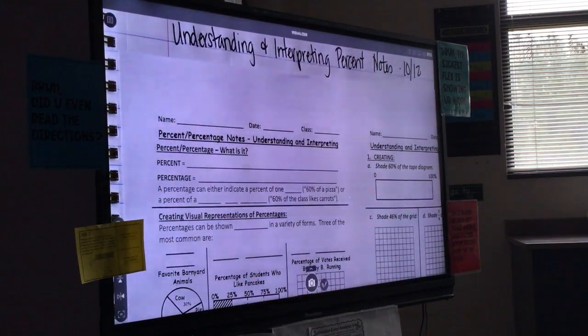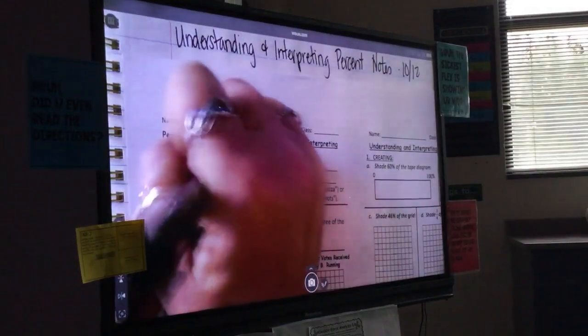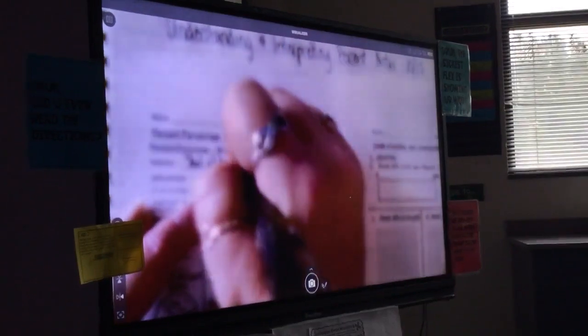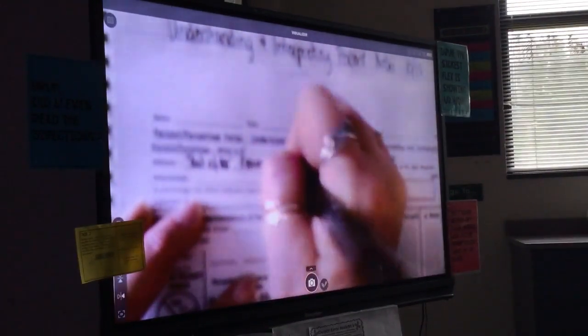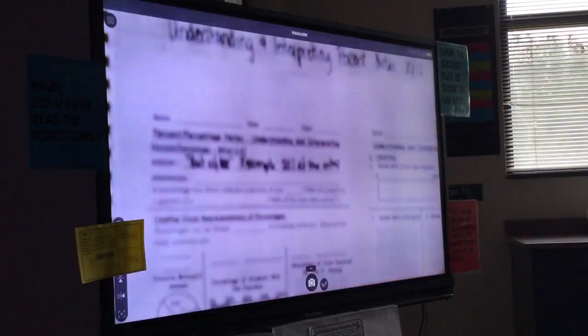All right. So we are going to be talking about percent and percents and what they are, what the difference is. So a percent is out of 100. And an example of this would be 20% of the votes.